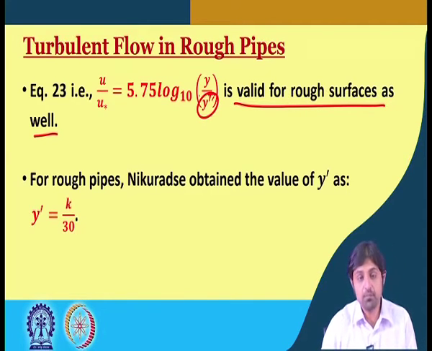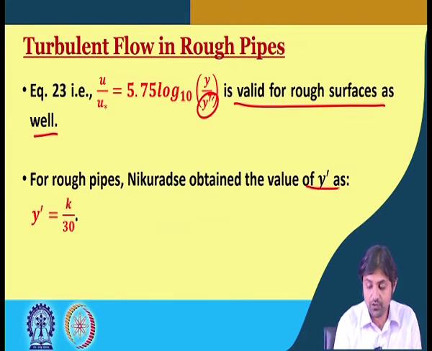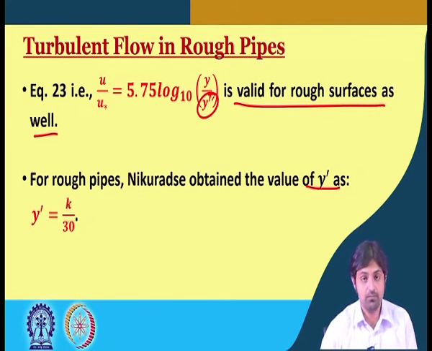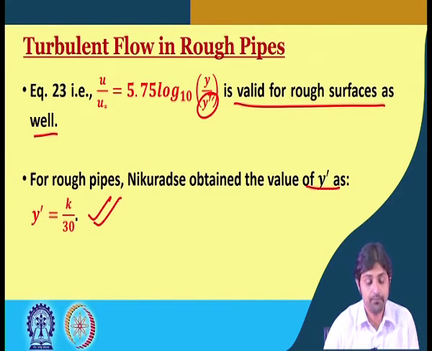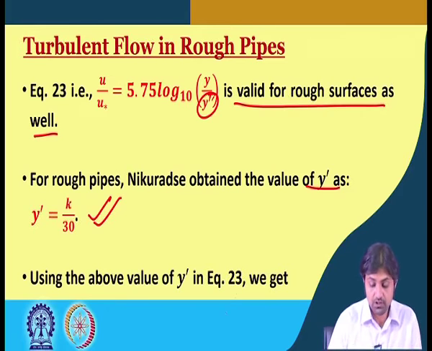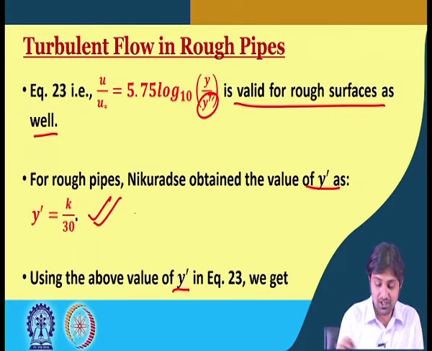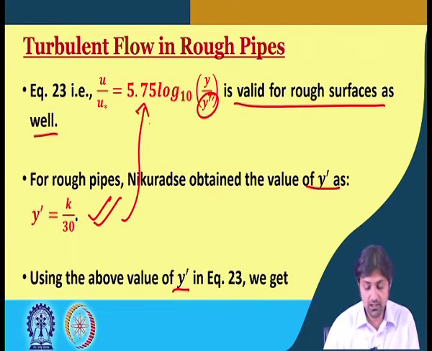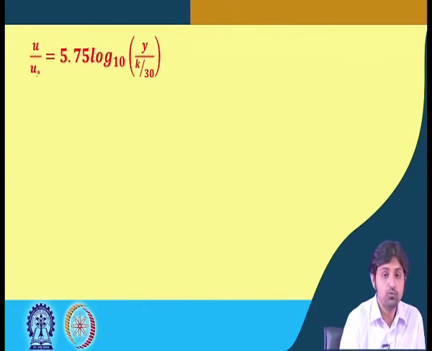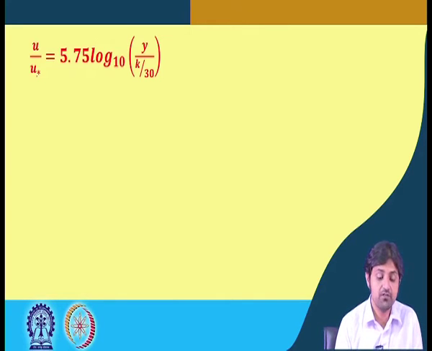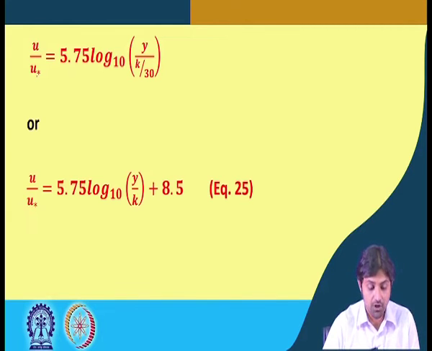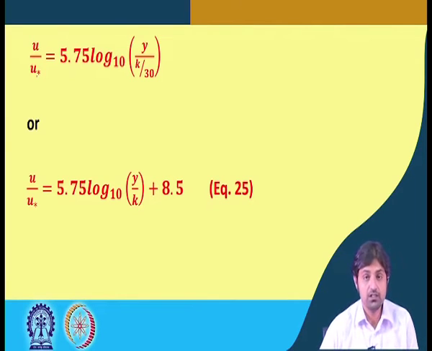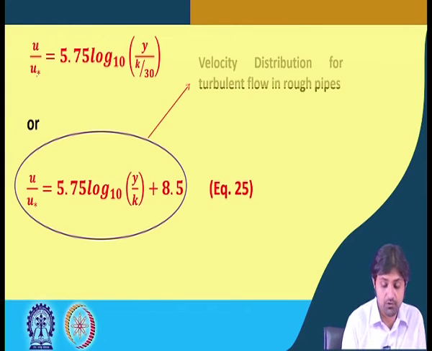For rough pipes, Nikuradse obtained the value of y prime as k by 30. If we substitute this y prime in equation number 23, we obtain u by u star equal to 5.75 log to the base 10 y divided by k by 30, or if we take this 30 out, u by u star equal to 5.75 log to the base 10 y by k plus 8.5.